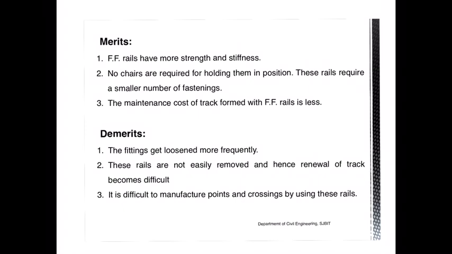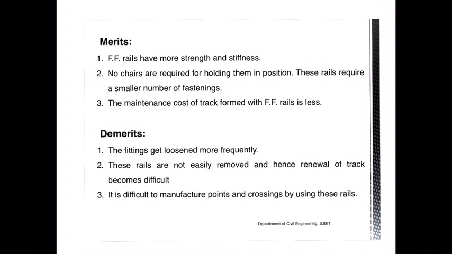What are the advantages and disadvantages of using the flat-footed rails? The flat-footed rails are considered to have more strength and stiffness compared to the bull-headed rails. We don't require any chairs to hold them in position, it requires very few fastenings to fix the rail section to the sleeper, and the maintenance cost of the track is less.